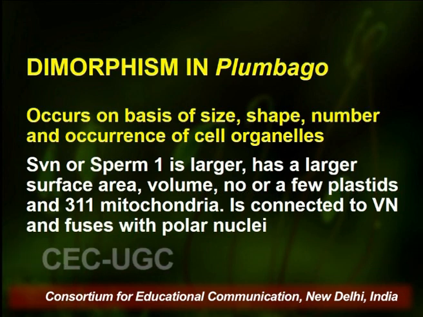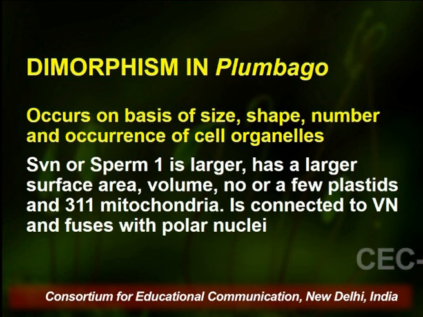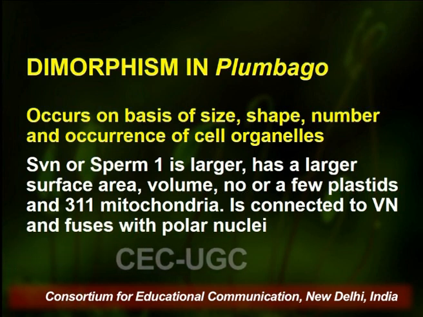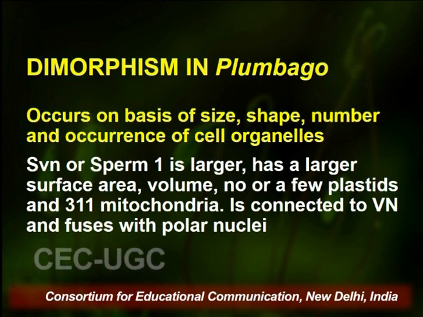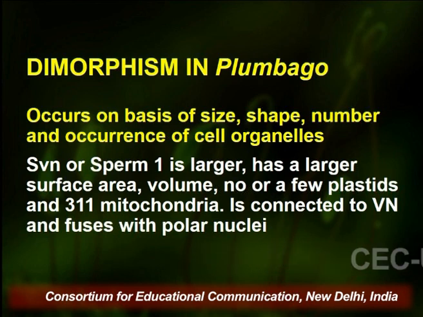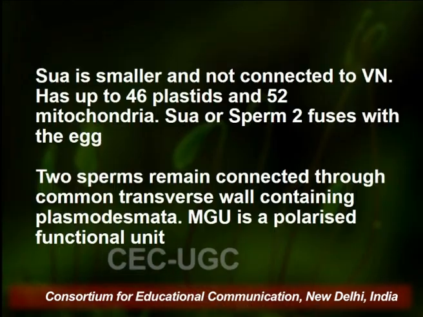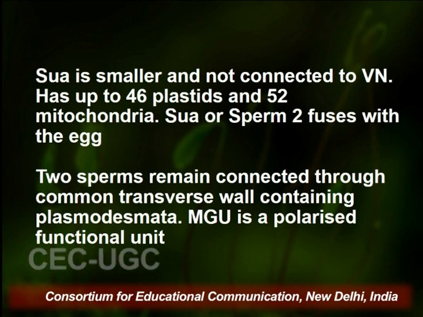Sperm 1, Svn, or the larger sperm has a larger surface area and more volume. It has no or very few plastids, but it has 311 mitochondria, and it is connected to the vegetative nucleus. This sperm is the one which fuses with the polar nuclei. The smaller sperm, or Sua, which is not connected to the vegetative nucleus, has up to 46 plastids and 52 mitochondria.